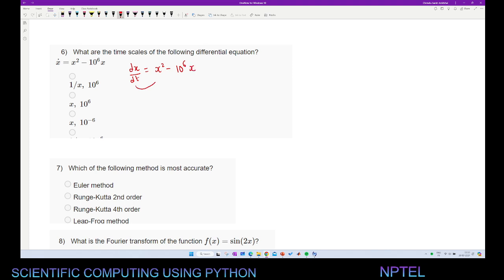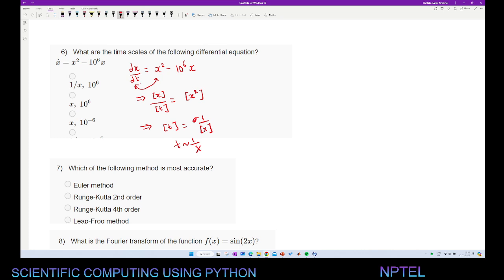So if you compare these two, you get x over t is equal to x square dimension. So x gets cancelled and you get t is equal to 1 over x. Okay, so the first time scale is 1 over x.